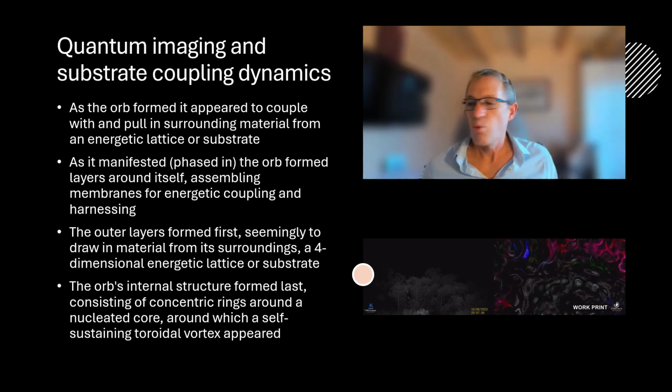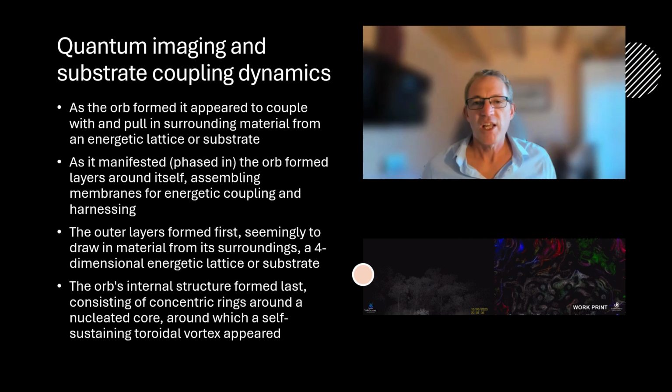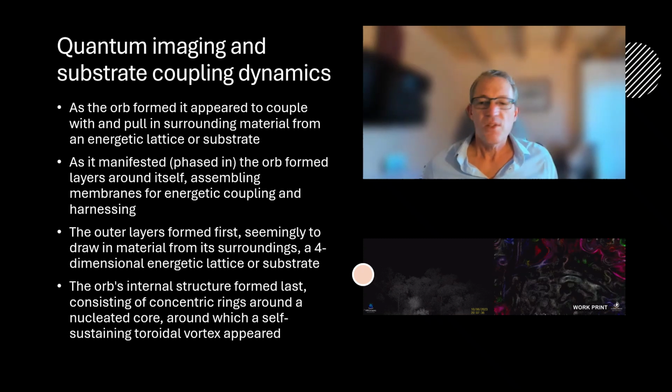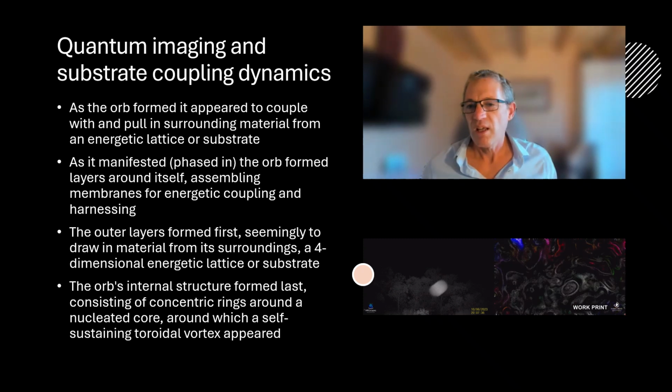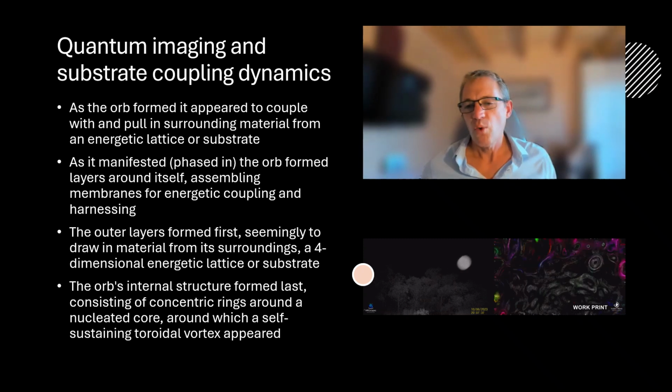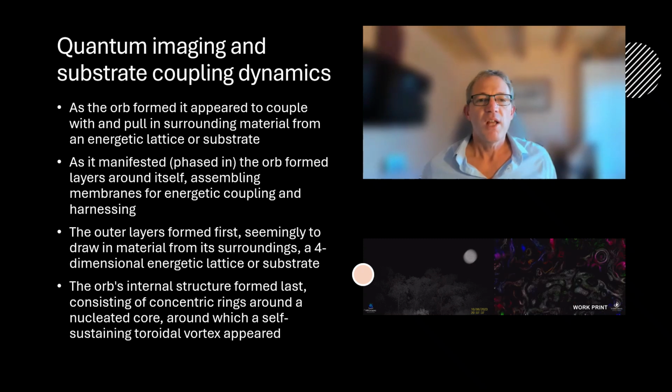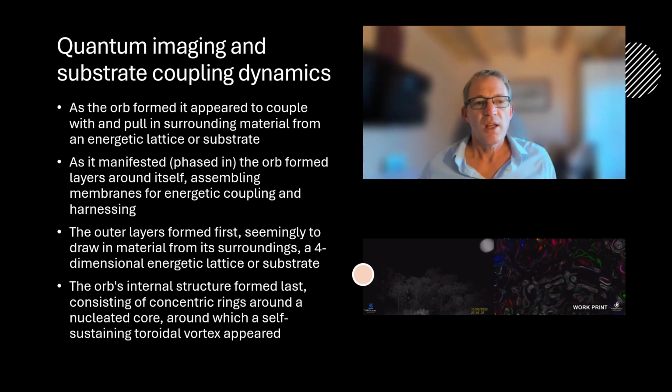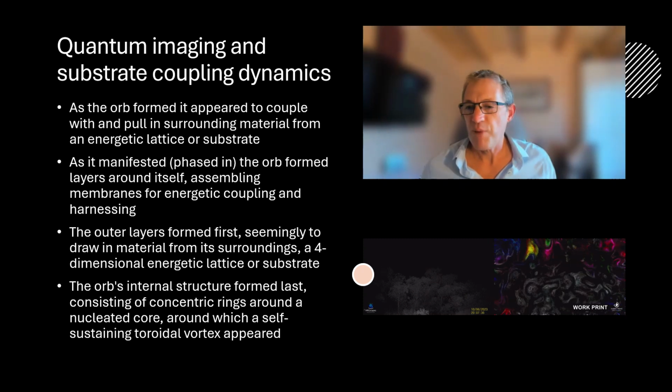Now, in terms of quantum imaging and substrate coupling dynamics, we've got here the quantum imaging that goes with the frame-by-frame capture of the same orb moving through the field of view. Now, as it formed, it appeared to couple with and pull in surrounding material from an energetic lattice or substrate of space itself.